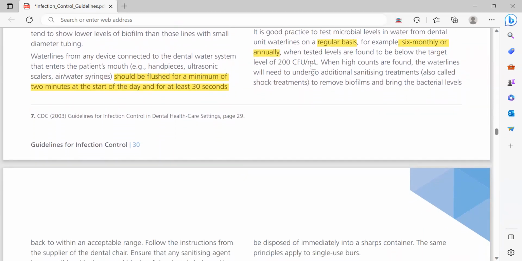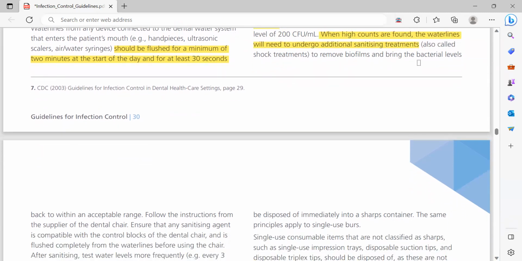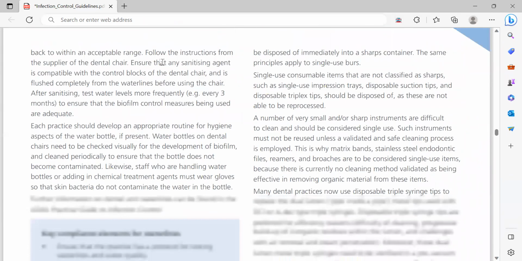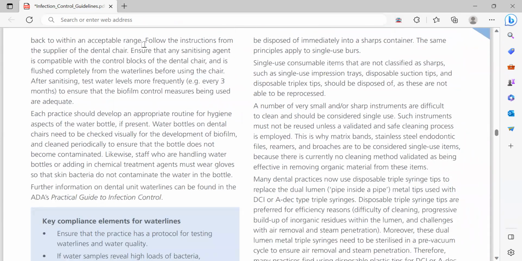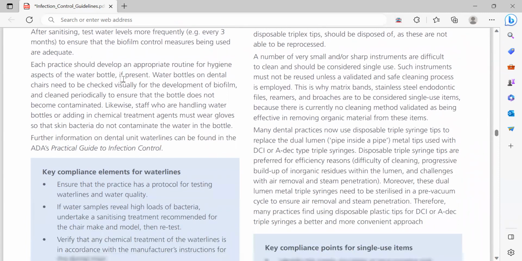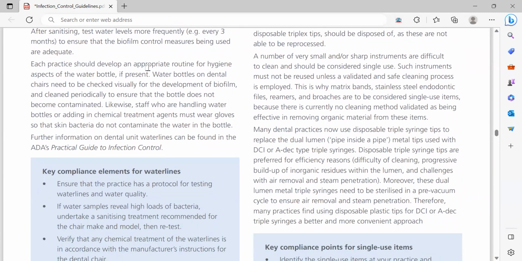When high counts are found, what you need to do is the water lines will need to undergo additional sanitizing treatment, also called shock treatment, to remove the biofilms and bring the bacterial level back within the acceptable range. Each practice should develop an appropriate routine for hygiene aspects of the water bottle if present.